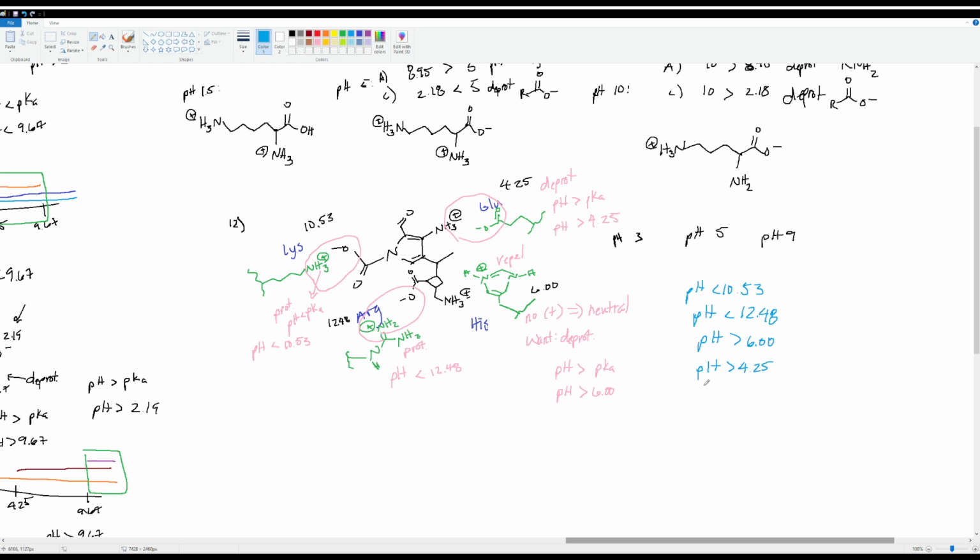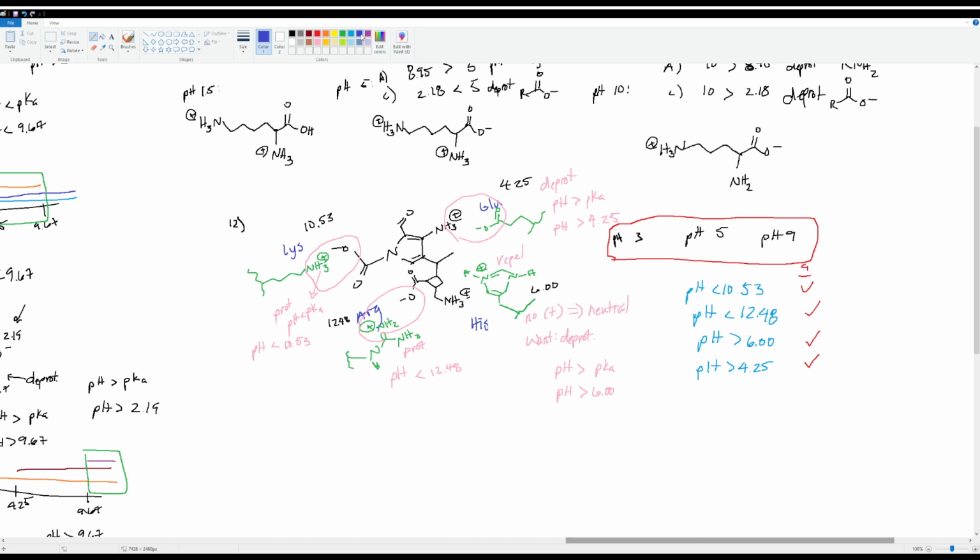So let's see which of our pH options here matches this, if any? pH 9. Okay, so 9 is less than 10.53. It's less than 12.48. It's greater than 6, and it's greater than 4.25. So 9 would be our best.